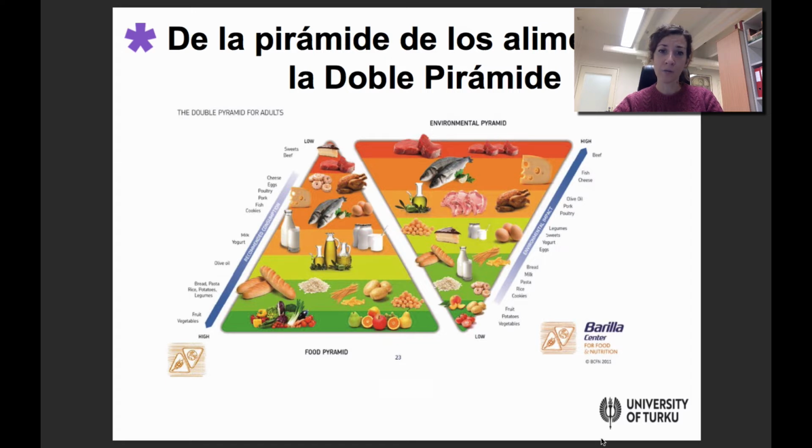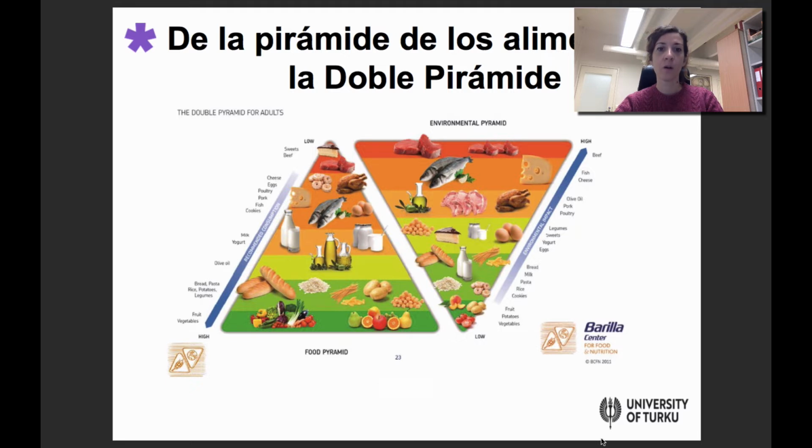What is really striking is that there is almost an exact direct correspondence: those elements that should be eaten in smaller quantities are also those foods that have the highest impact, and vice versa, those foods that should be eaten in larger quantities are also those that have a smaller impact on the environment.